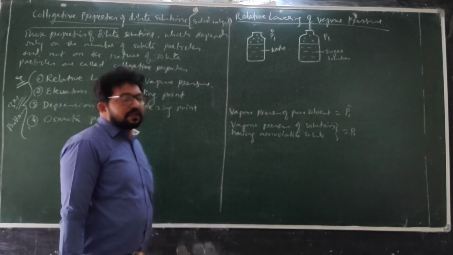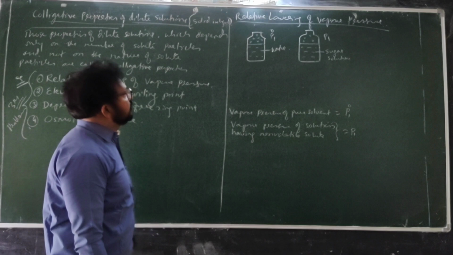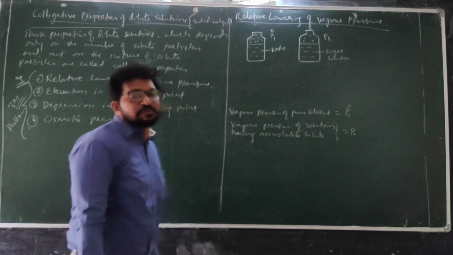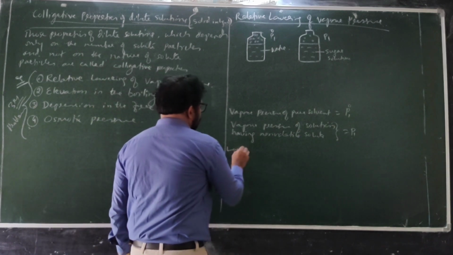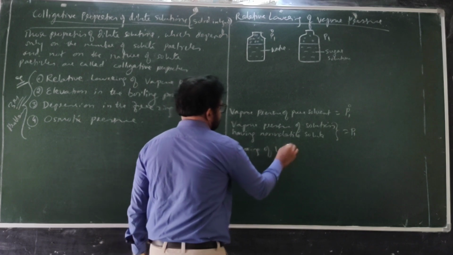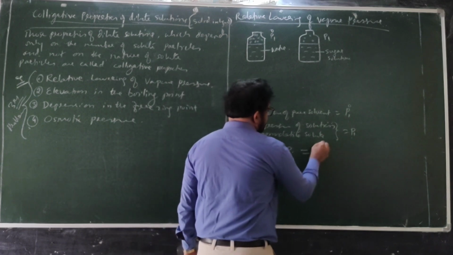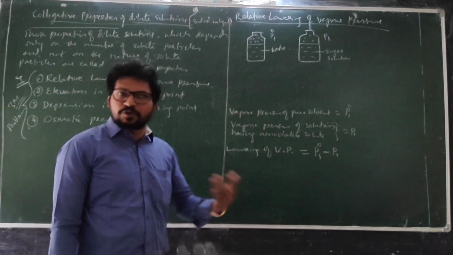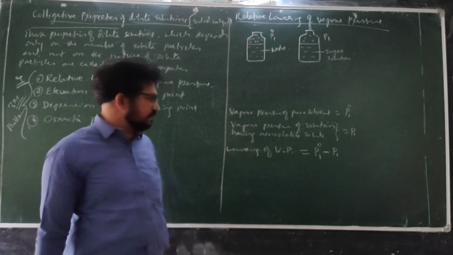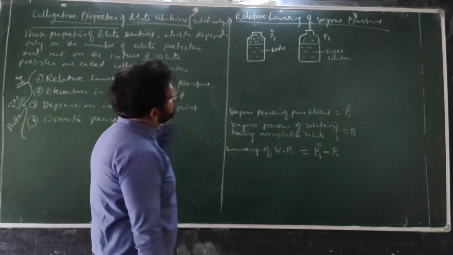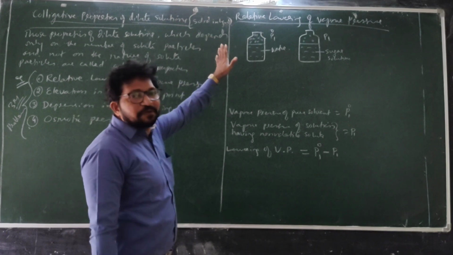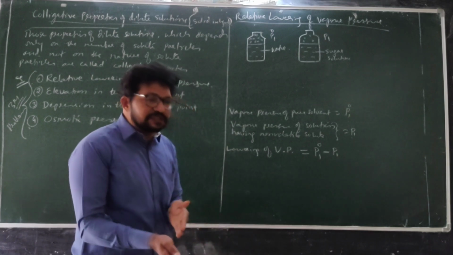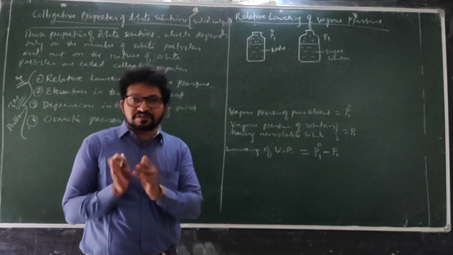So P1 naught is more, relative lowering of vapor pressure with respect to the vapor pressure of your solvent.